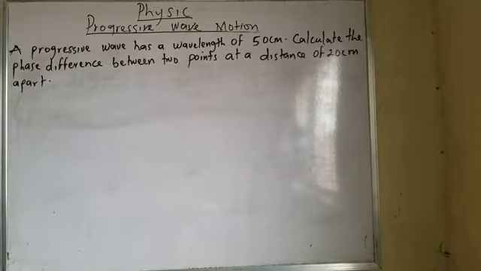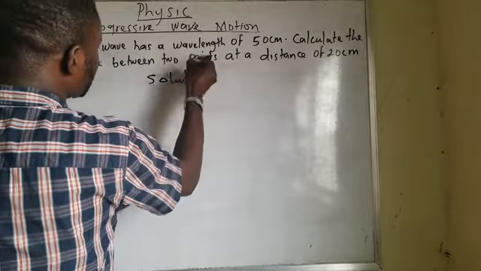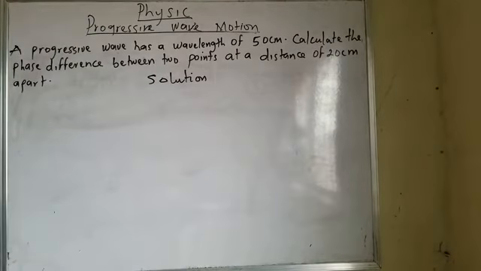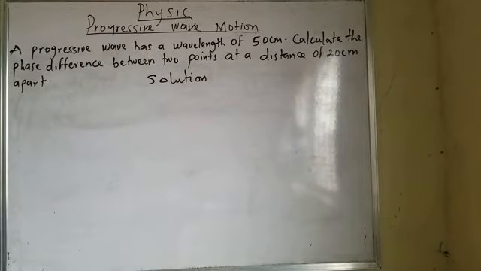Okay, with that, let's try to work on this problem. At this point, the equations I stated earlier are so important because we are talking about progressive waves. And let me try to interpret this very well.